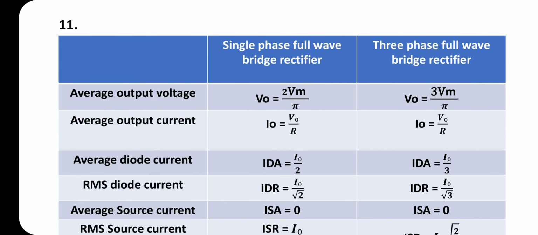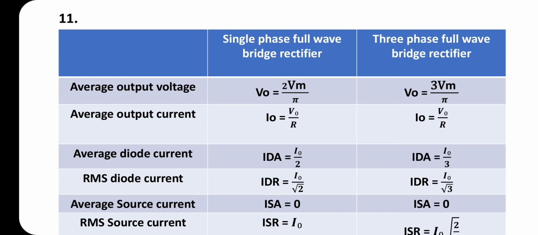The equations for single phase full wave bridge rectifier and three phase full wave bridge rectifier. Average output voltage V0 equal to 2Vm by pi for single phase full wave bridge rectifier and 3Vm by pi for three phase full wave bridge rectifier. Average output current I0 equal to V0 by R for single phase and three phase full wave bridge rectifier.